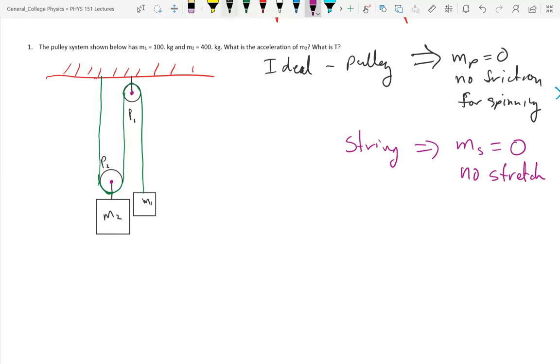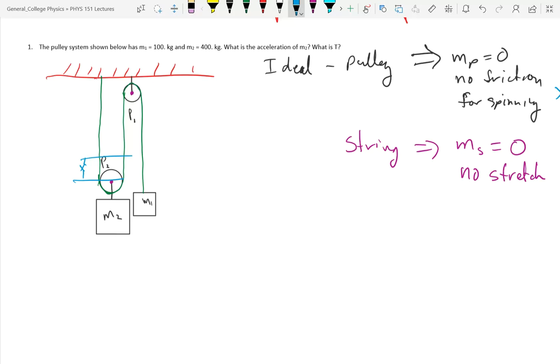Let us suppose that M2 moves up a distance x. How much string has been removed from each side of those verticals that go down to pulley 2? If the pulley goes up a distance x, how much less string is on the left side of pulley 2? X. How much less string is on the right side of pulley 2?